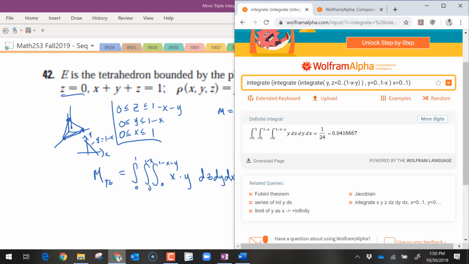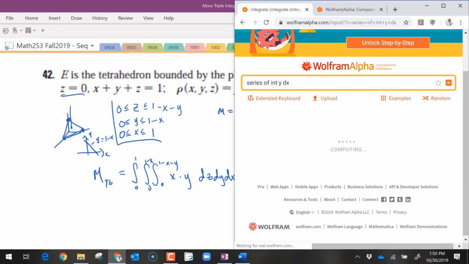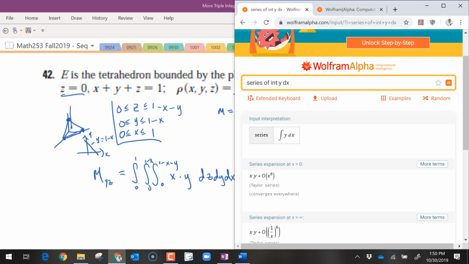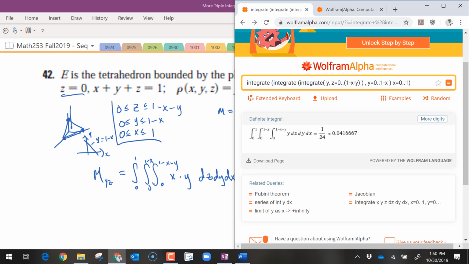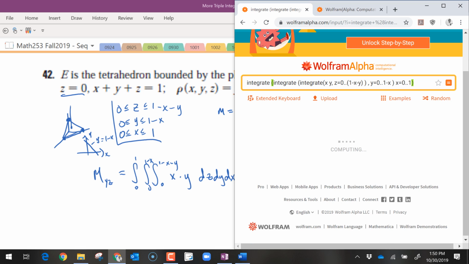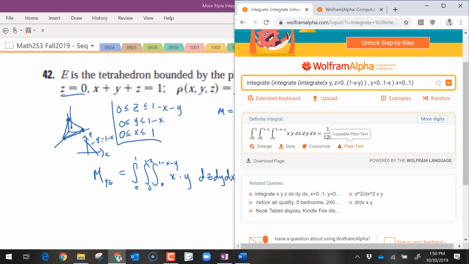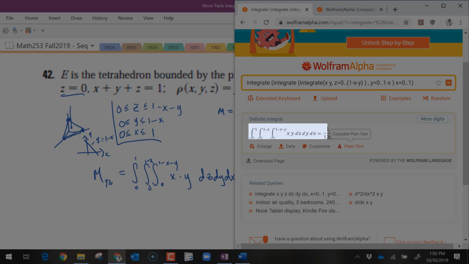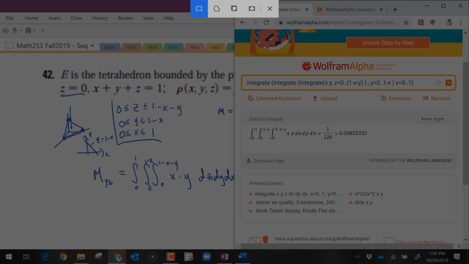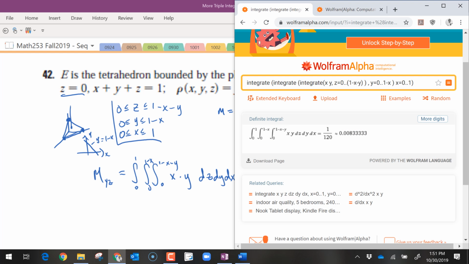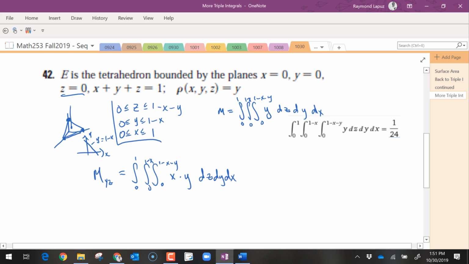So I'm just going to add an x in here, or multiply this by an x, and then run it again. One over 120. Yeah, pretty much.